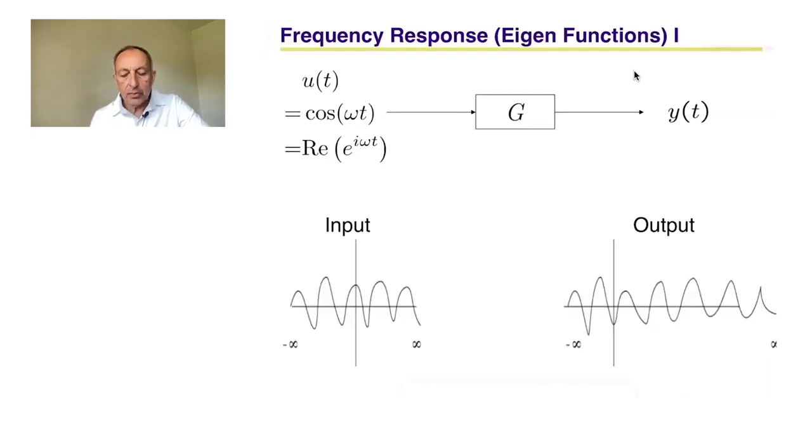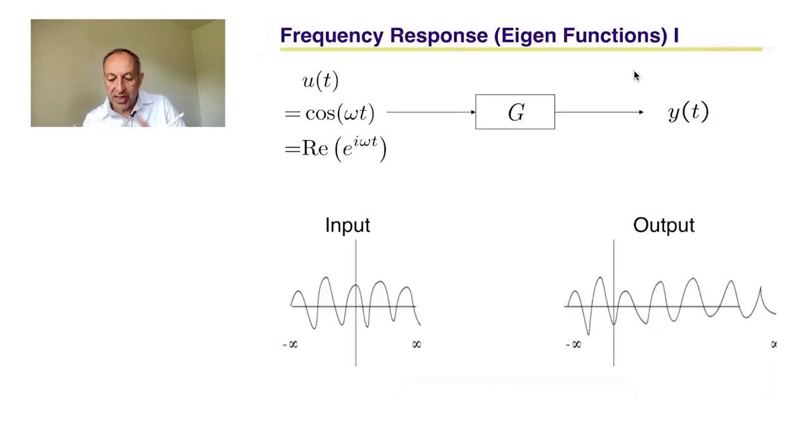Okay, so one of the advantages of defining these transforms, the Q transform of a convolution kernel, is that we have this representation of sinusoids in terms of how a sinusoidal input is mapped through a linear system.